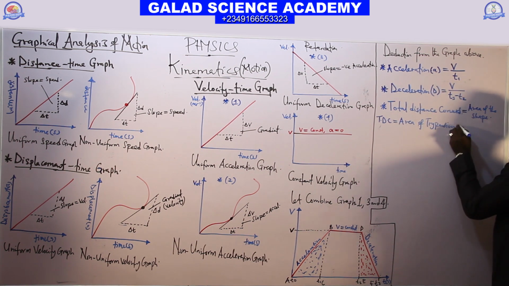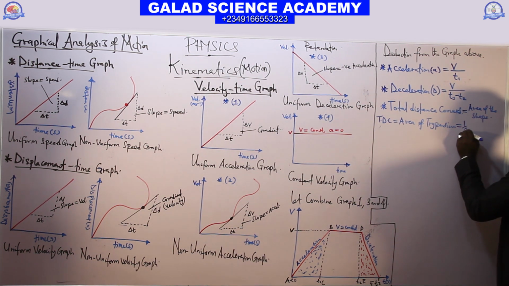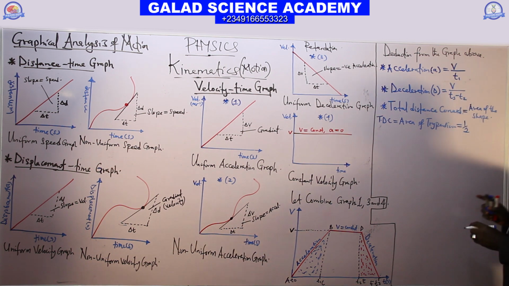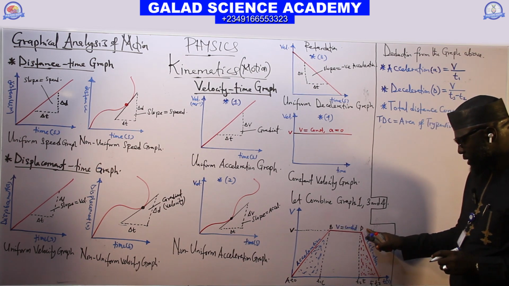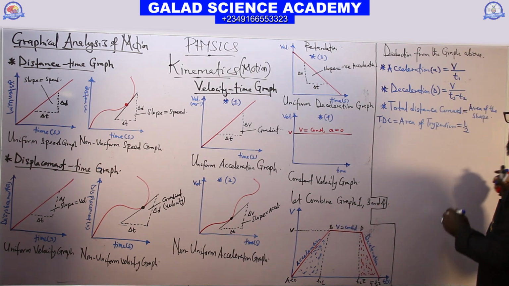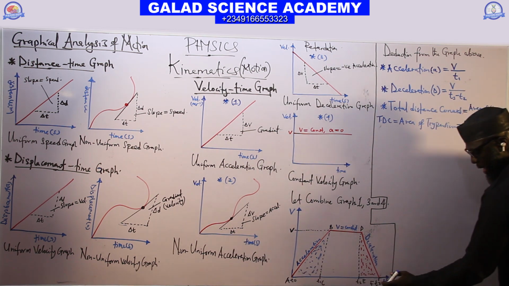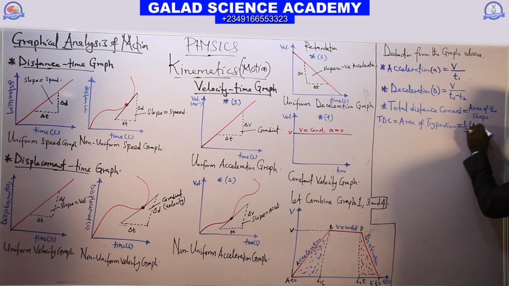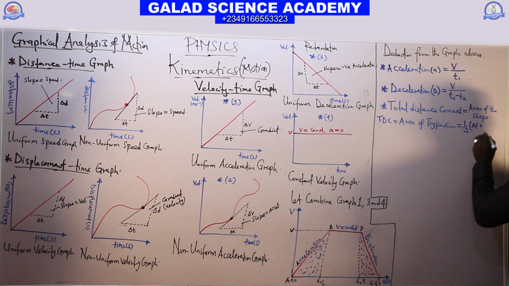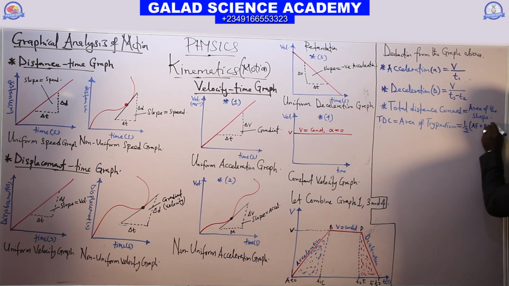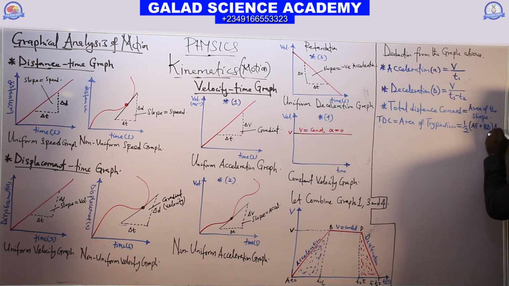So the area of a trapezium here is half of A plus E, this plus this, then times the height. Here, half of the total distance here, AF, plus this distance, BD, the height you have here, AB.